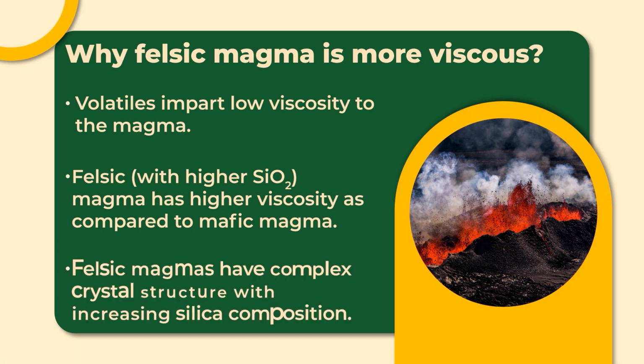Felsic magmas have a very complex crystal system with increasing silica composition, and this tends to offer them higher viscosity, and temperature also controls the viscosity of the magma. The presence of more volatiles in felsic magma results in explosive volcanism as compared to mafic magma.